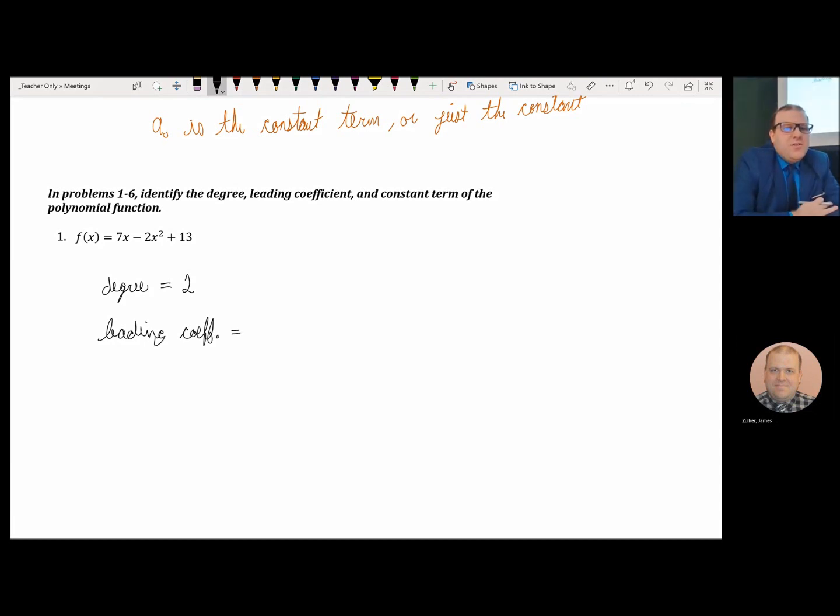What does that make the leading coefficient? -2. And our constant? 13.